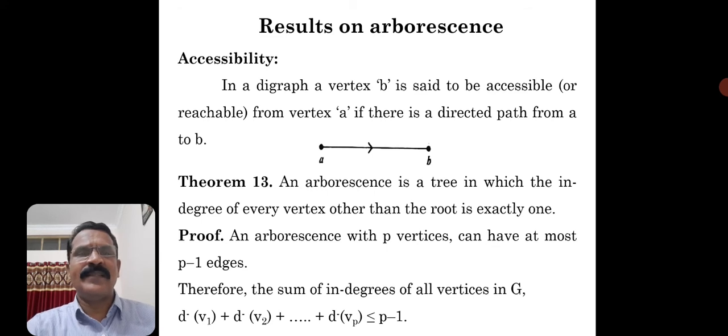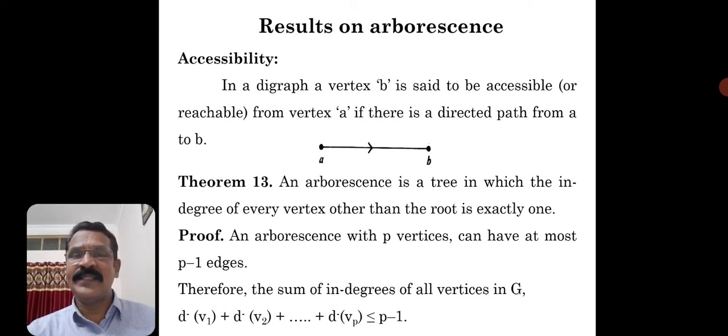The theorem is: an arborescence is a tree in which the in degree of every vertex other than the root is exactly 1. This was the observation in the previous session.